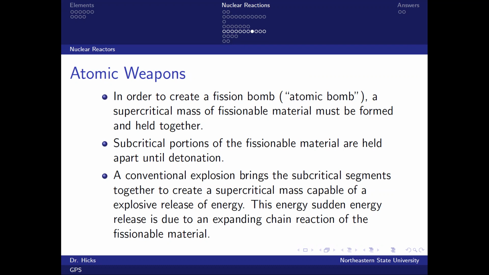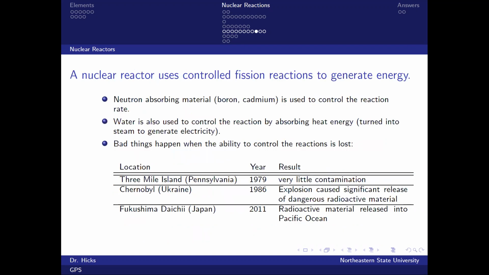Since you can't keep that supercritical mass together, otherwise it'll explode, you divide it into little parts, and a conventional explosive is used to force all those subcritical chunks together. It becomes supercritical and then essentially explodes because all that energy is released.